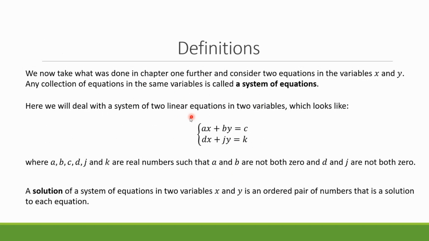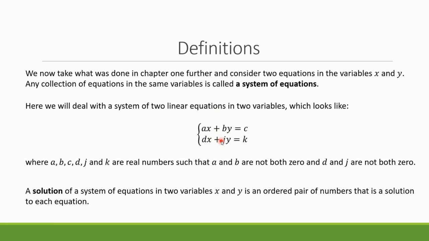And what we're going to deal with is something that looks like this. As you can see. Basically here, A, B, C, D, J, K, they're going to be real numbers. What has to happen, though, is you can't have A and B be 0 at the same time.